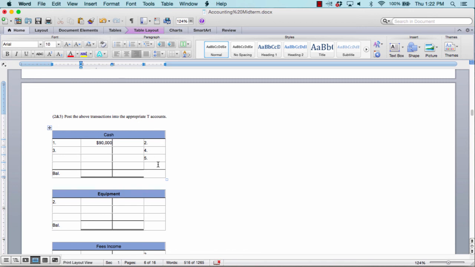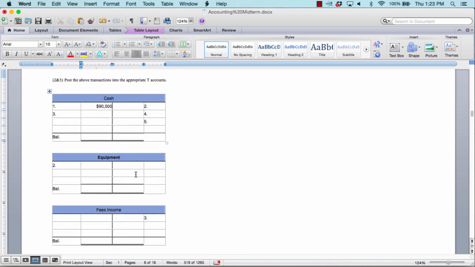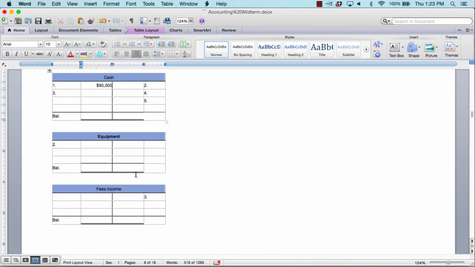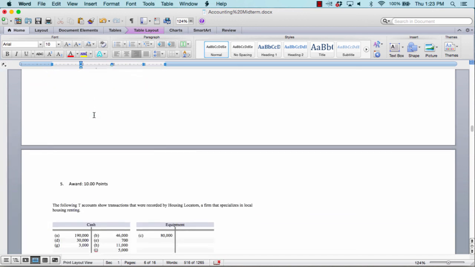You minus the biggest one minus the smallest one, and let's say that the positive balance ended up on the debit side, then you'd write it right here. If not, if it landed on the credit side, you write the balance down here. Okay? The clue for cash is that your balance is going to end up on this side, on the debit side. That's it for number 4.